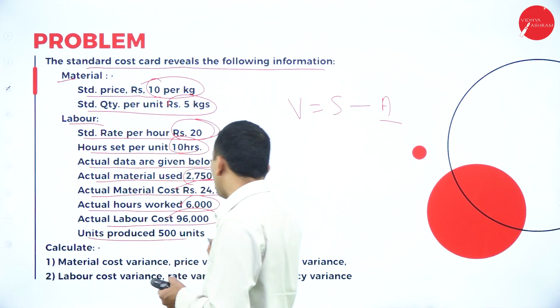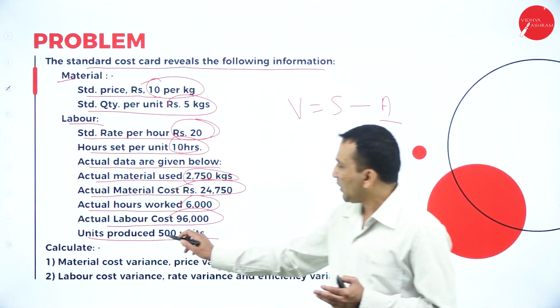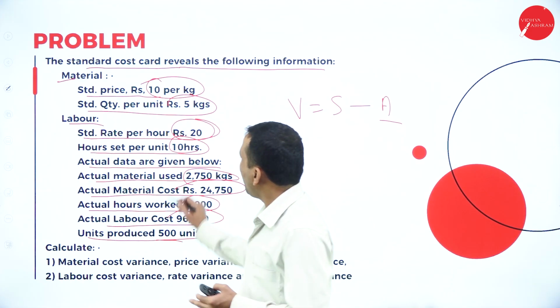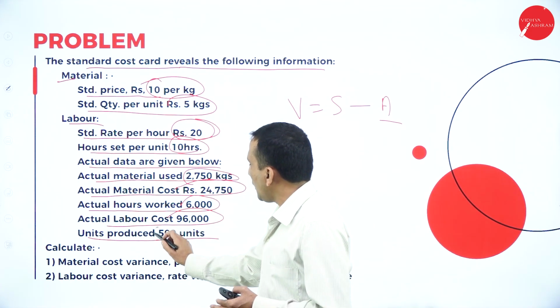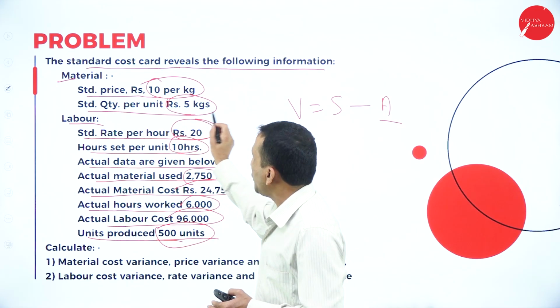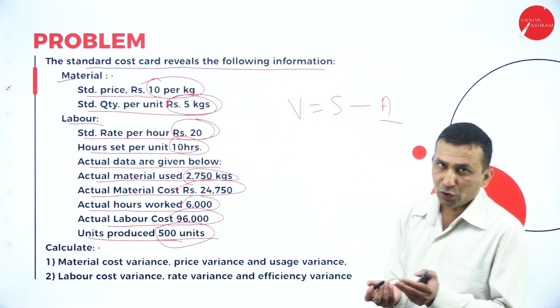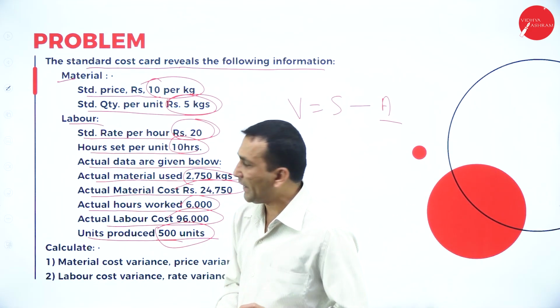Now units produced are 500 units. Why? Because actual yield is clearly specified in the question, 500 units. If you multiply, to produce 500 units, each unit will consume 5 kg. So we need to multiply, then we are getting 2500. That is actually the standard quantity.